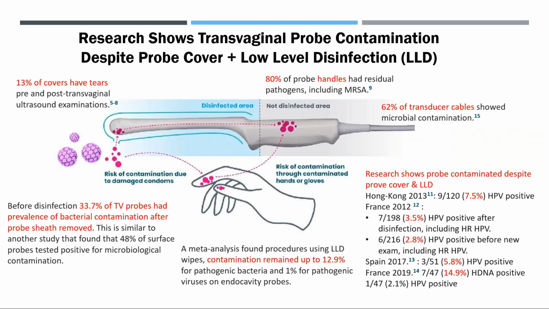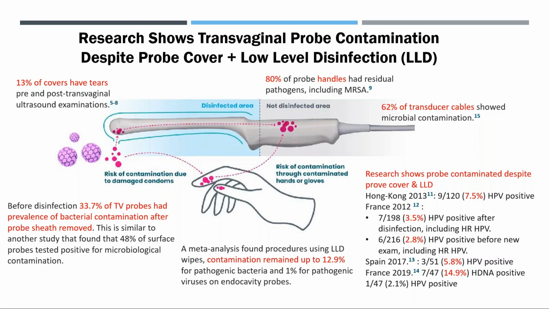So research shows transvaginal probe contamination despite probe cover and low-level disinfection. First of all, one should note that 10 to 15% of probe covers will have tears, allowing the entrance of microorganisms from the mucous membrane directly onto the probe. In one study, before disinfection, roughly a third of transvaginal probes had prevalent bacterial contamination after the probe sheath was removed.